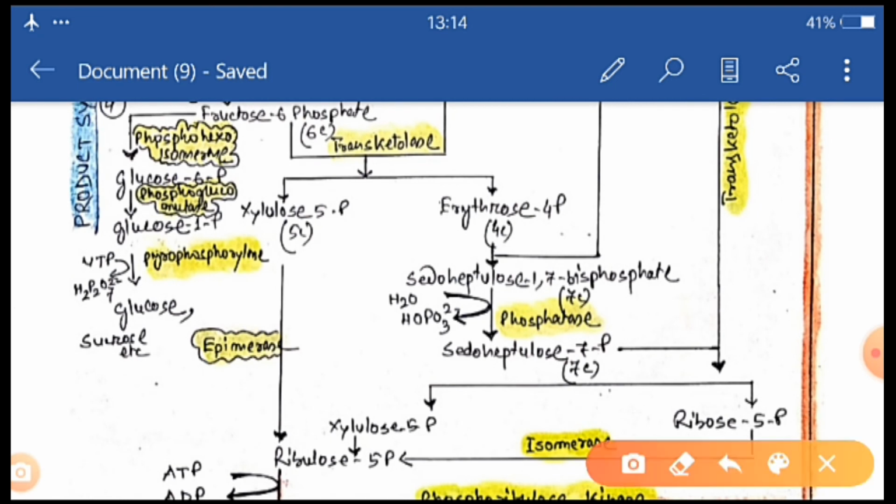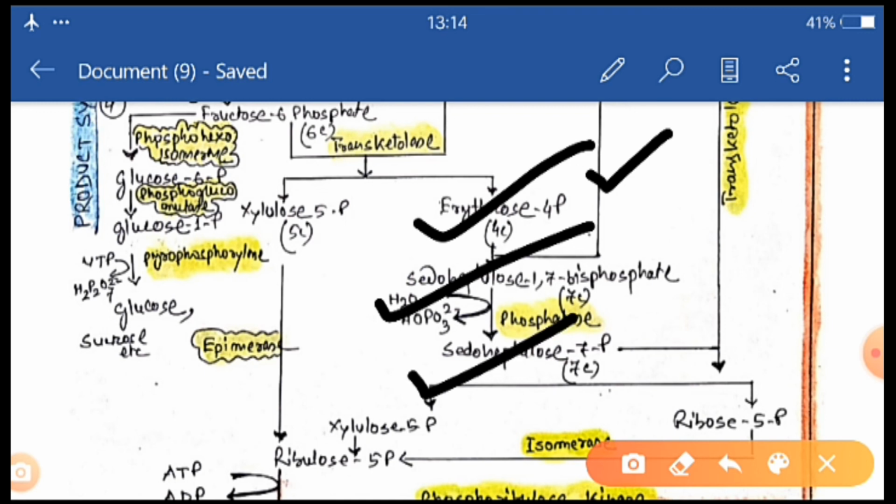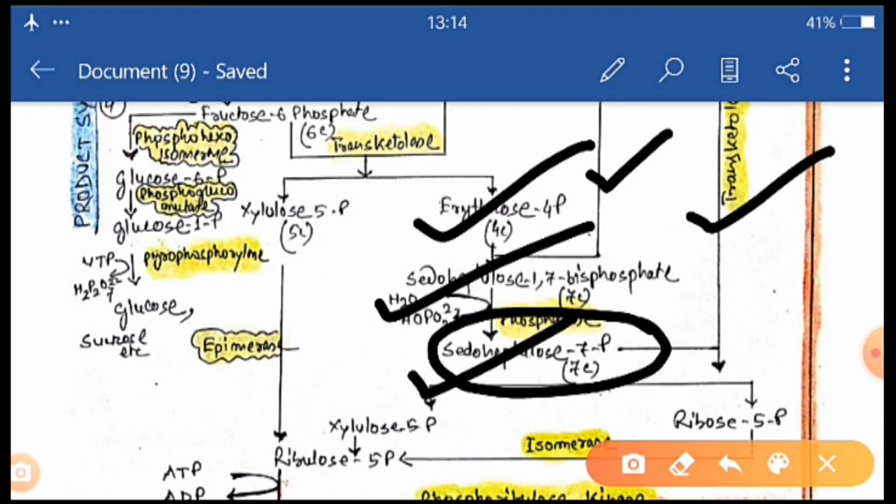Then what happened to this 4-carbon compound? This 4-carbon compound again reacts with 3-carbon DHAP, dihydroxyacetone phosphate, and as a result a 7-carbon product is formed, and it is none other than sedoheptulose 1,7-bisphosphate. This sedoheptulose 1,7-bisphosphate will be converted to sedoheptulose 7-phosphate by removing 1 phosphate, and this 7-carbon product will react with 3-carbon PGALD in the presence of the enzyme transketolase.